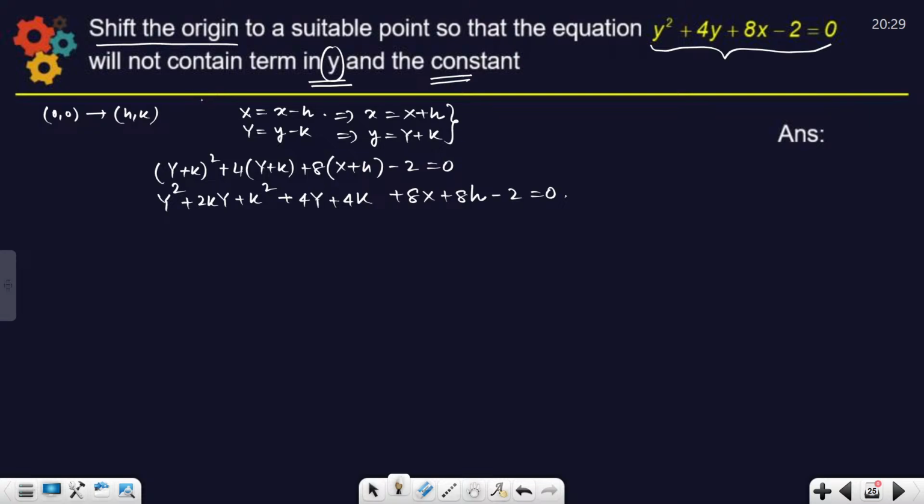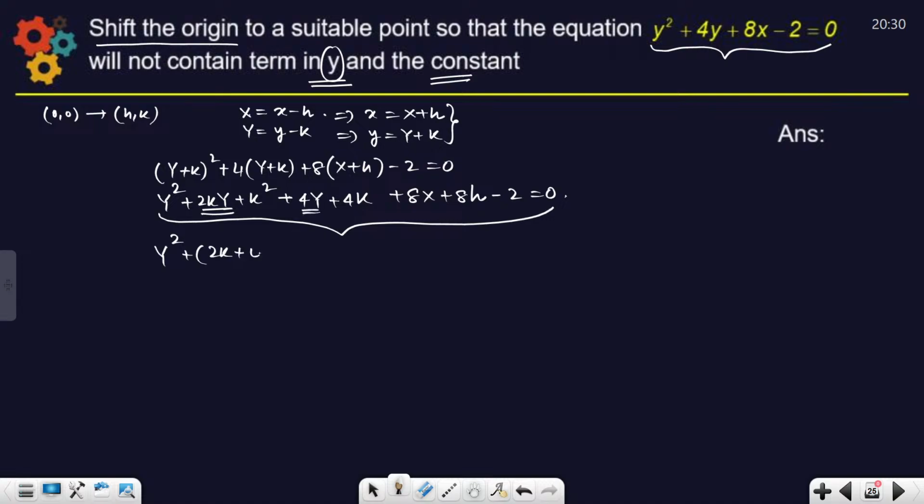Now, what they have said is that this equation will not contain a term in y. It will not contain a term in y. So what are the terms we are getting which have Y? This one and this one if I take.